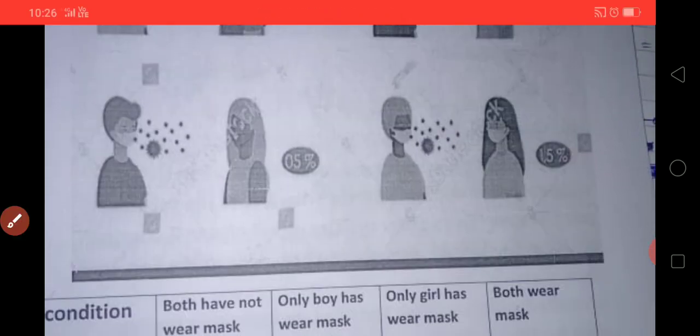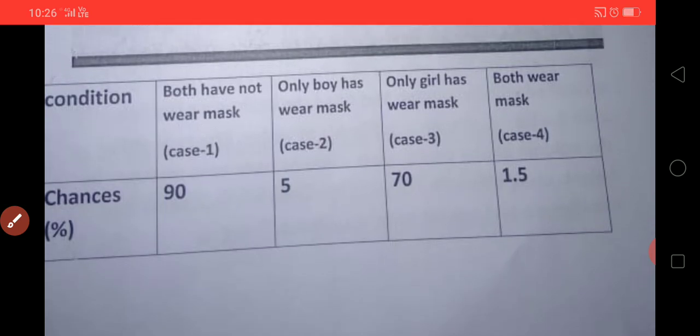So let us check the options. Here you have given the table also. You can see from the table. Same categories we have given, same percentage we have given. So what is the probability of getting the infection in case 1? That is 9 by 10. In case 2, that is 1 by 20. Case 3, this is 7 by 10.